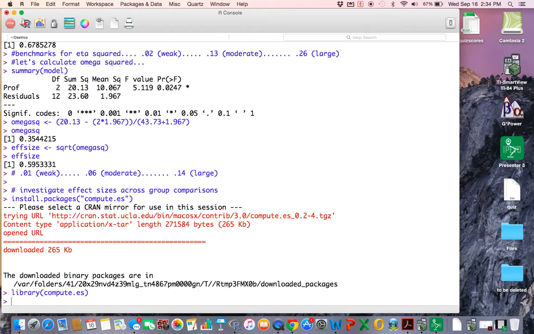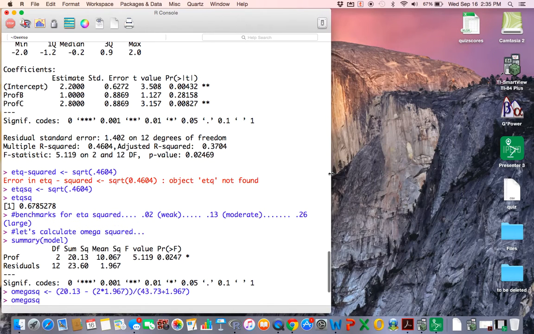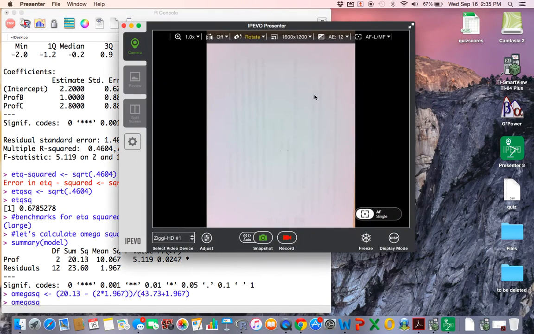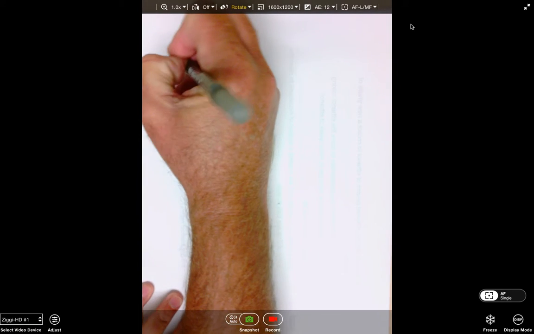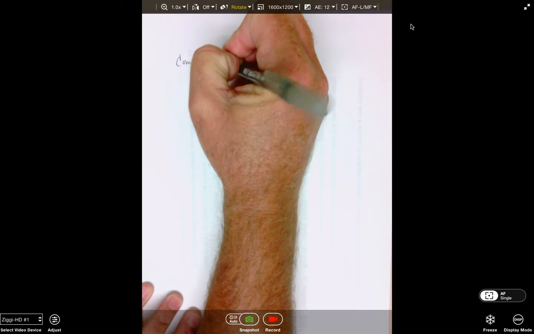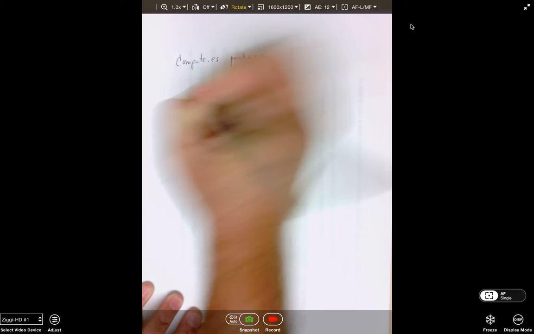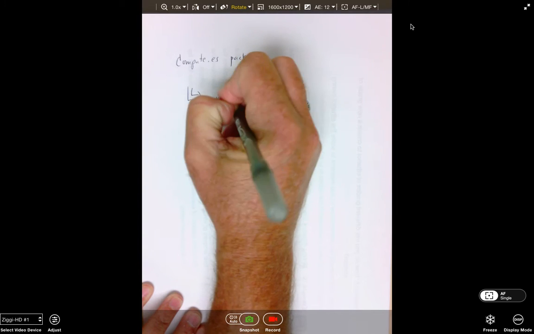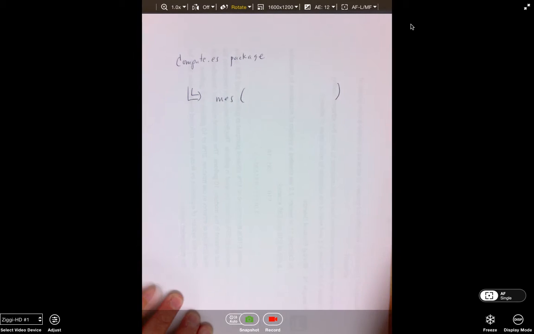Now, there's something called MES, and MES stands for means to effect size. And let me go back over here. And so in this compute.es package, we're going to use a command that's called MES. And again, this just says means to effect sizes.